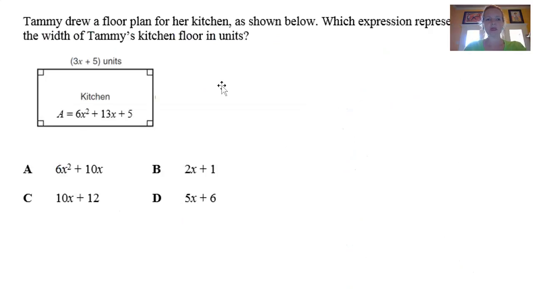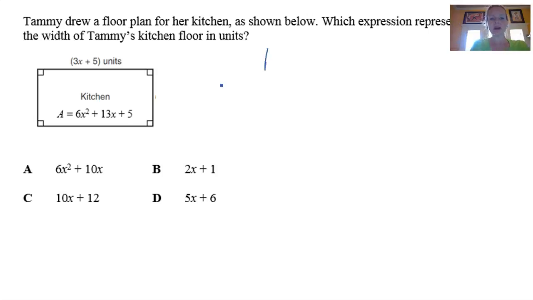This one is an area formula. Area, we're going to multiply. Tammy drew a floor plan for her kitchen as shown below. Which expression represents the width of Tammy's kitchen floor in units?